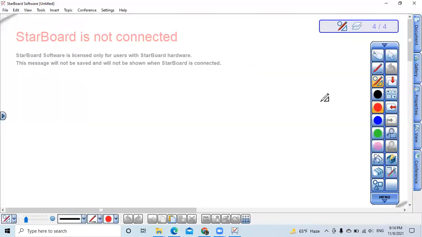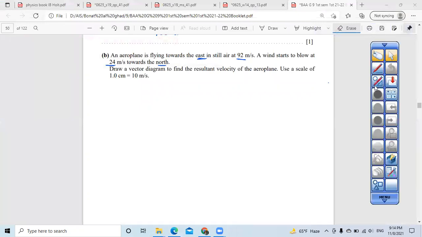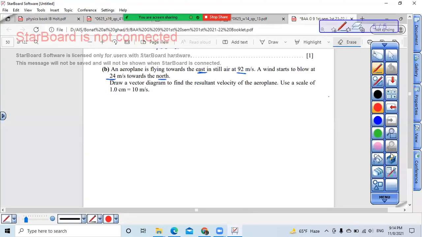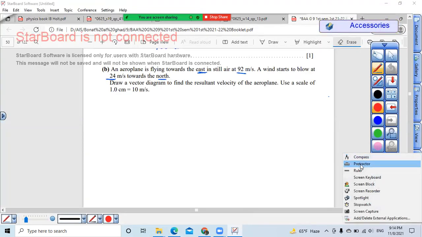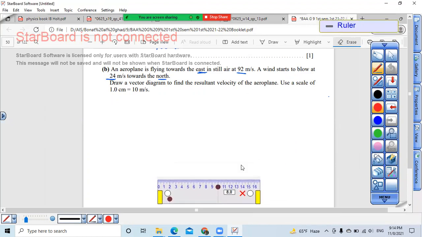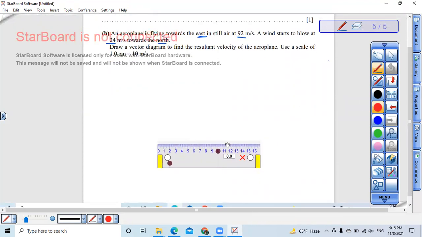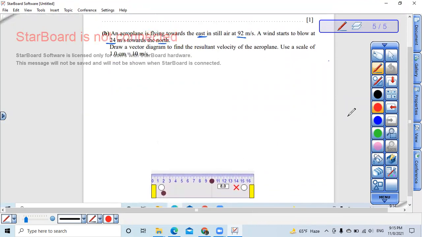So if I go to this program and use a ruler and a protractor from here, okay? So we have the ruler. I want to put a scale. That's my scale: each 1 centimeter is 10 meters per second.